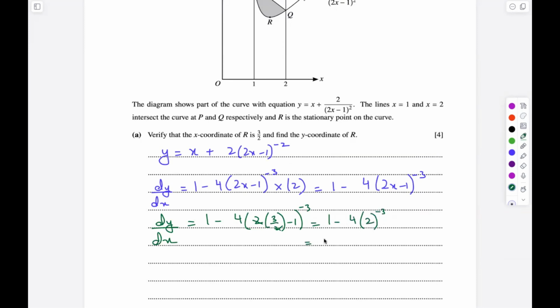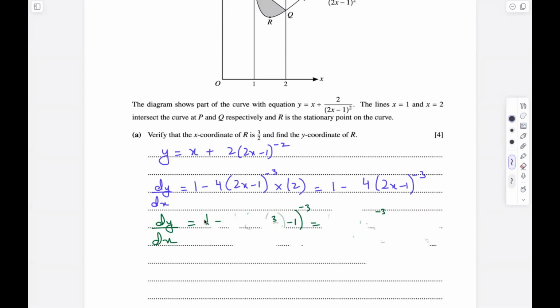So that will become 1 minus 4 upon 2 cube. So 2 cube is 8. That becomes 1 minus 4 upon 8, which is 1 minus 1 upon 2, which is 1 upon 2. So dy dx should have come out equal to 0.